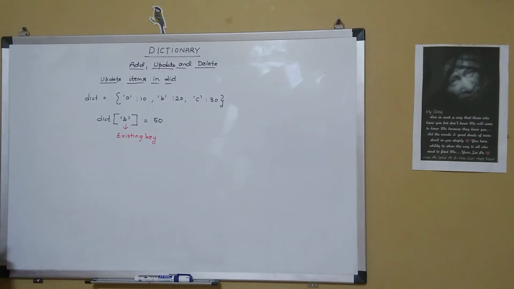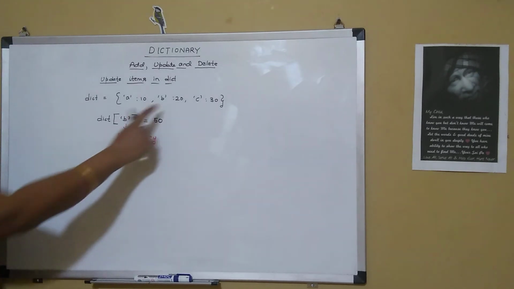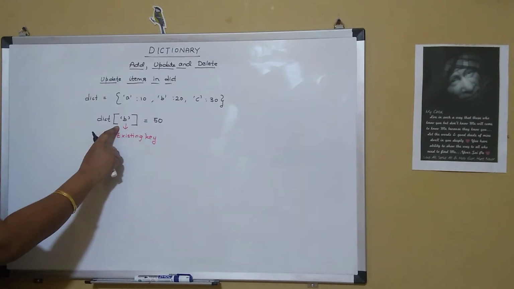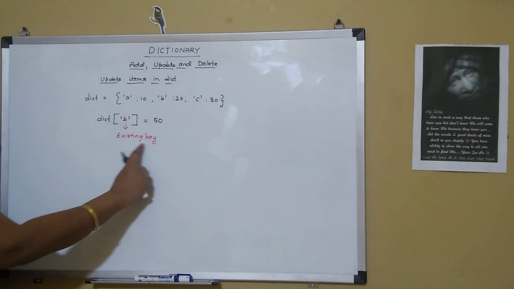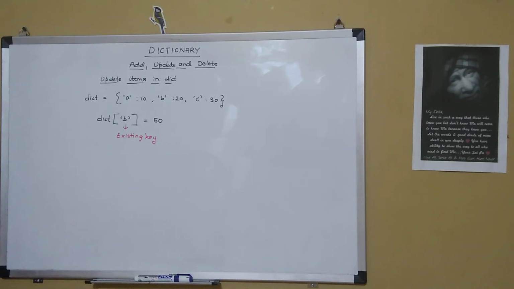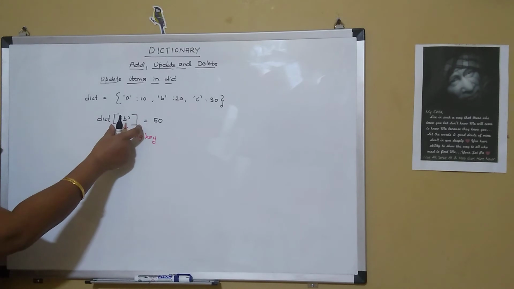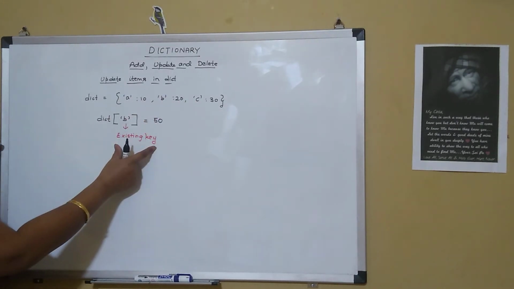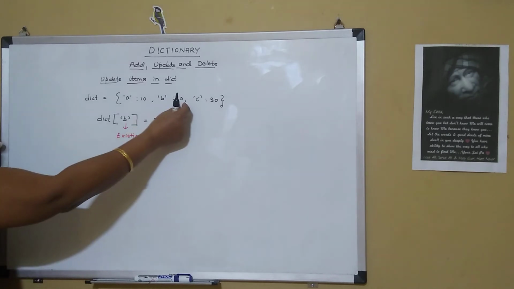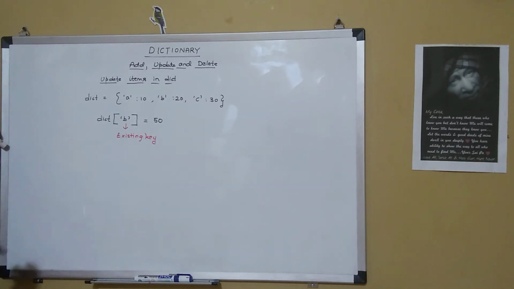Whichever key's value you want to update, you specify that key and give the new value. When we specify a new key, it will be added into the dictionary. When we specify the existing key, the value will get updated.